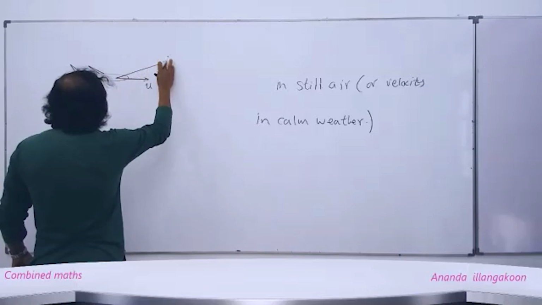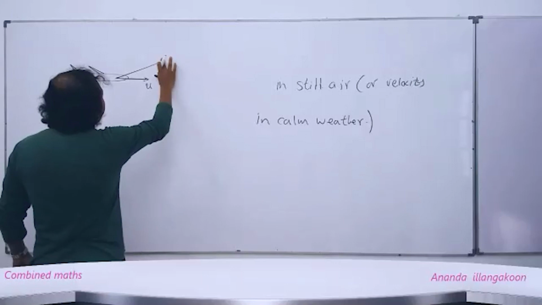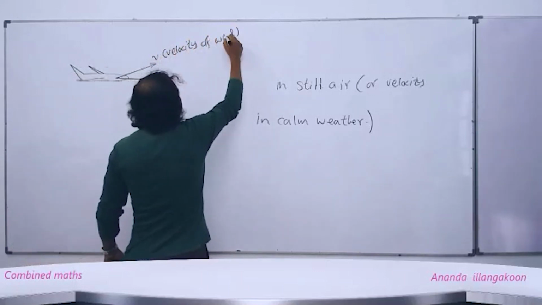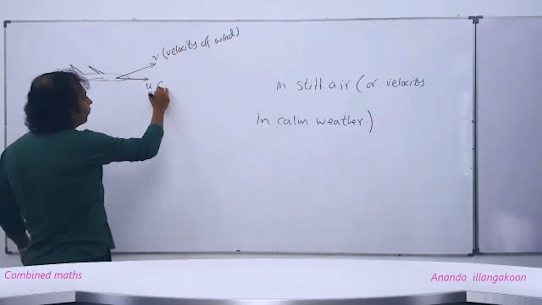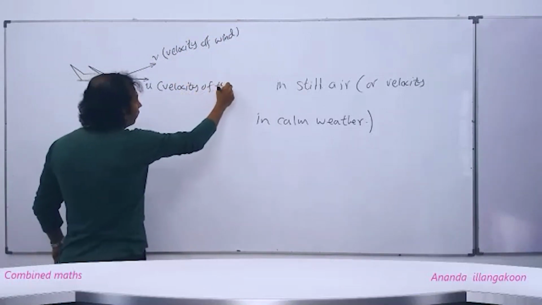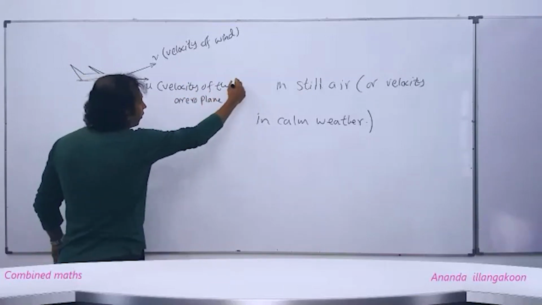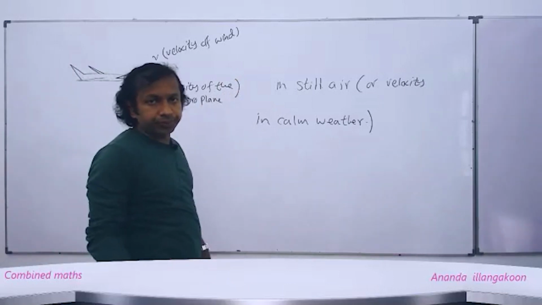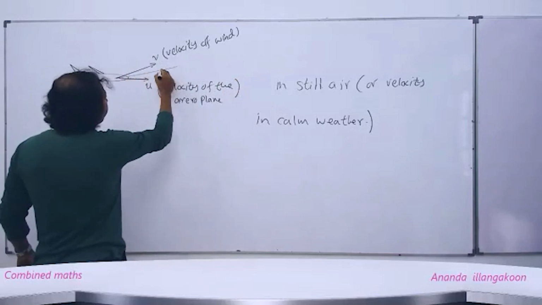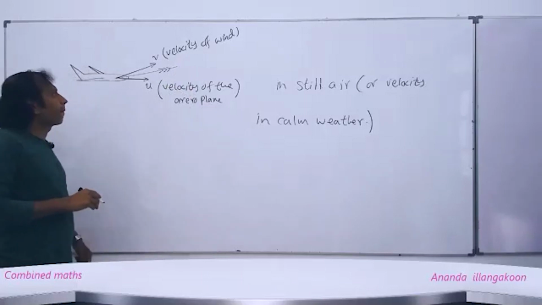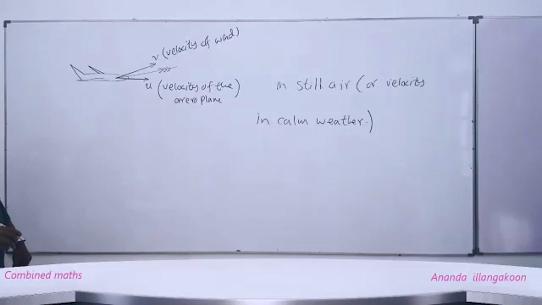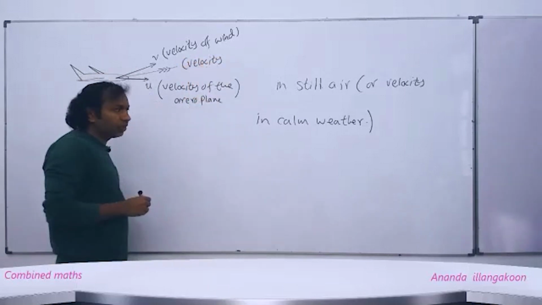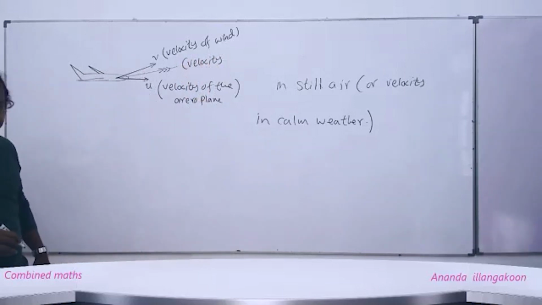Now the aeroplane has two velocities. Then the aeroplane moves with the resultant velocity of these two velocities.